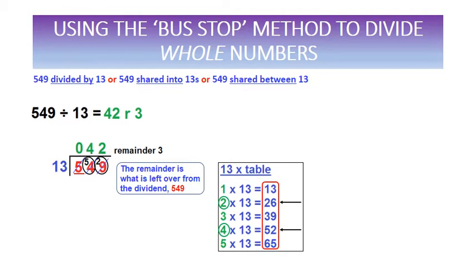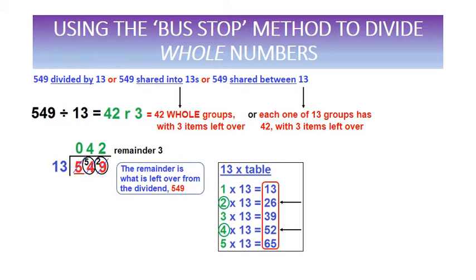So that's our answer. So if we're looking at different ways of reading that calculation, if we had read it as 549 shared into 13s, groups with 13 in them, there would be 42 whole groups and then 3 items left over. If we had read it as 549 shared between 13, say 13 people, each one of those would get 42 and there would be 3 items left over.